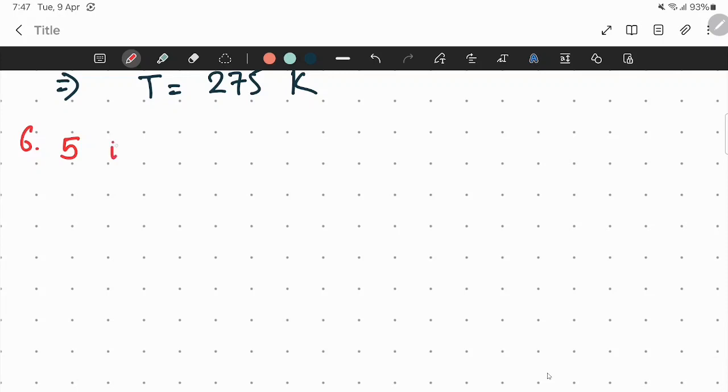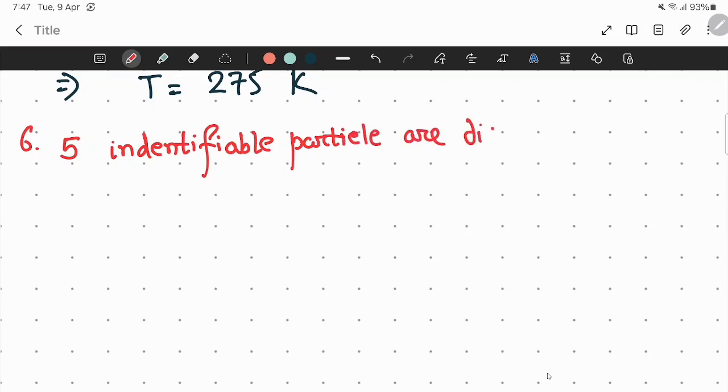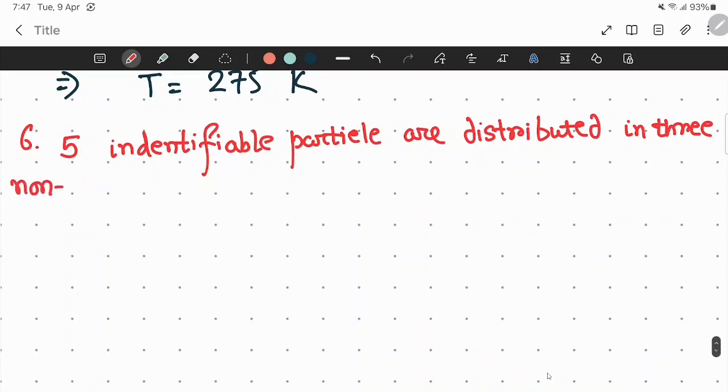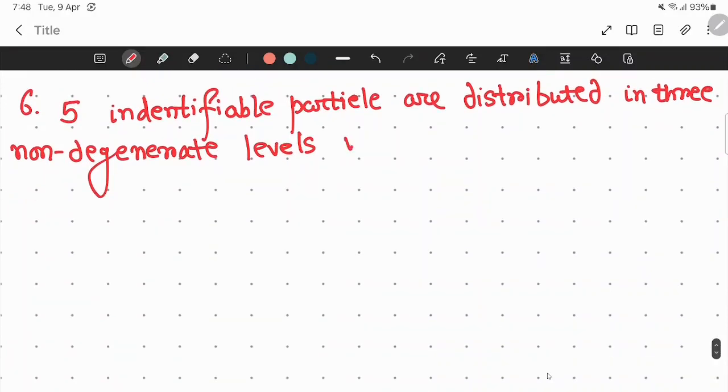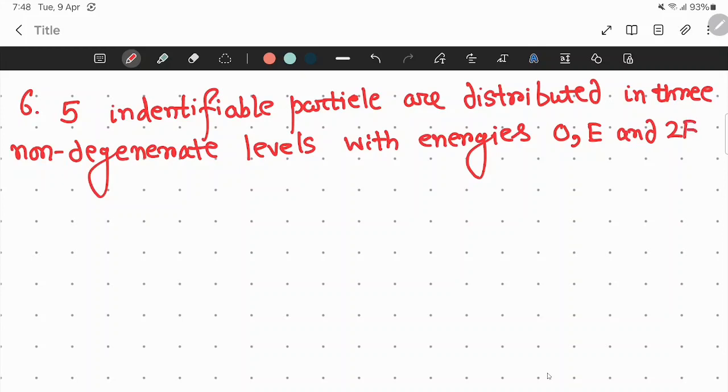Okay, question number 6. Five identifiable particles are distributed in 3 non-degenerate levels with energies 0, E, and 2E.